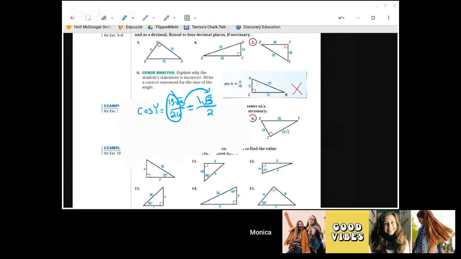But because it's just a 1, you don't really have to have that 1 there. Okay. So then I think on those, don't you have to do a decimal? So that you could just put in your calculator as the square root of 3 divided by 2 and see what decimal you get.